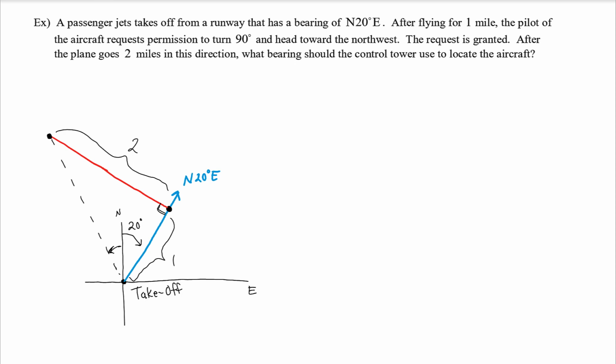We got to start from north. So I'm ultimately going to want to know that angle right there, theta. So this bearing is north theta degrees towards the west. I just need to figure out what theta is.